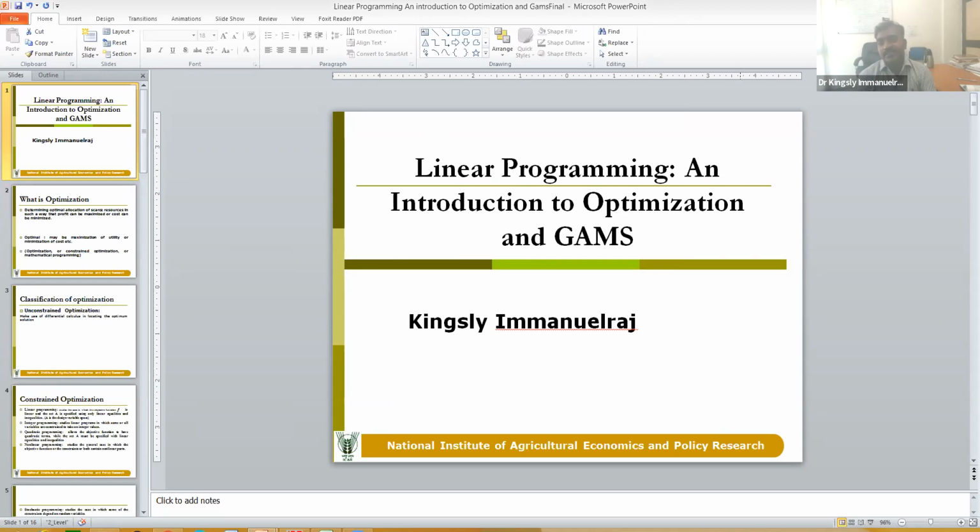They teach the simplex method, the big M method. These are all algorithms. There is no need for us, unless you want to read in depth, then only it is needed.